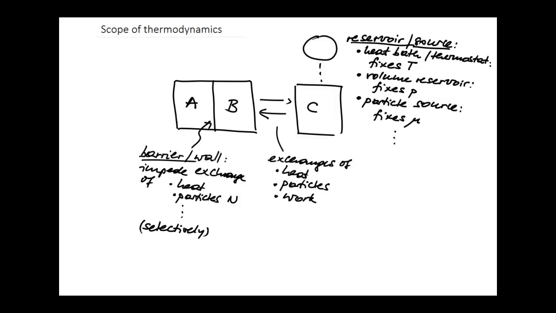Now, this is very schematically the general setup. You have multiple systems exchanging selectively, partially impeded by barriers. They exchange selectively heat, work, particles, and then this whole setting is in contact with reservoirs that fix intensive variables.